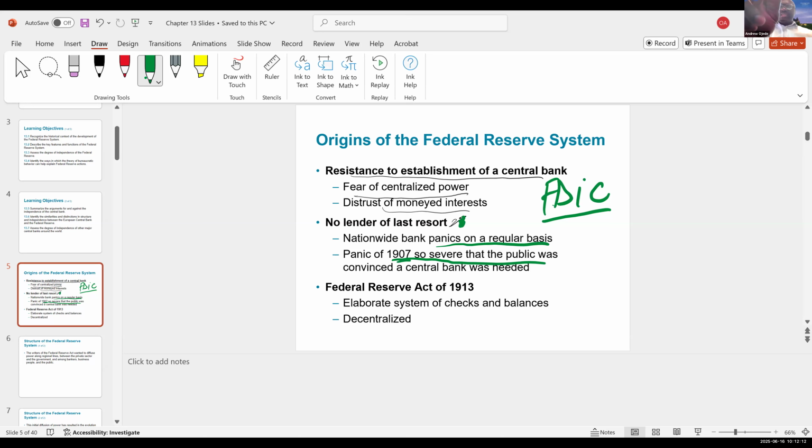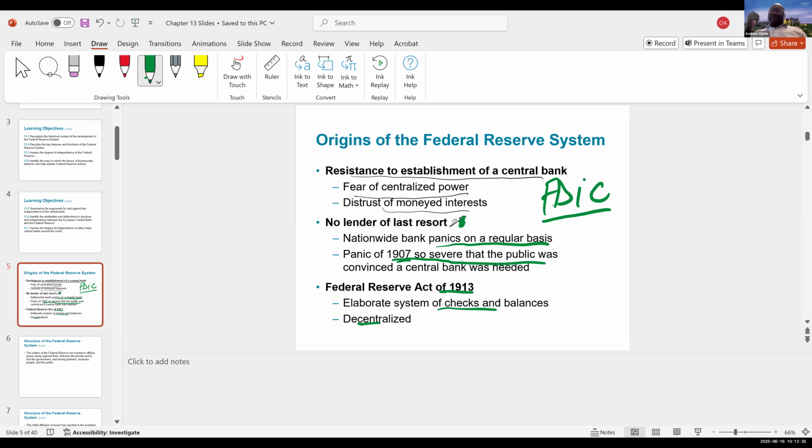Then in 1913, finally, Congress passed what they call the Federal Reserve Act, an act of Congress that created the Federal Reserve System, the U.S. Central Bank, the Federal Reserve. Okay? So the Federal Reserve created in 1913 was created with an elaborate system of checks and balances.